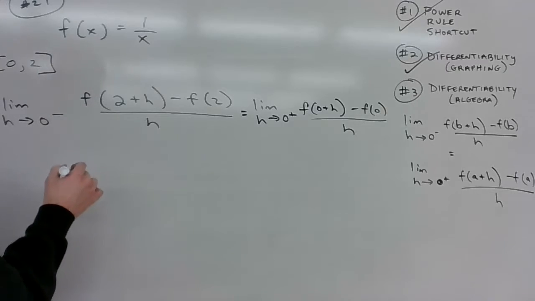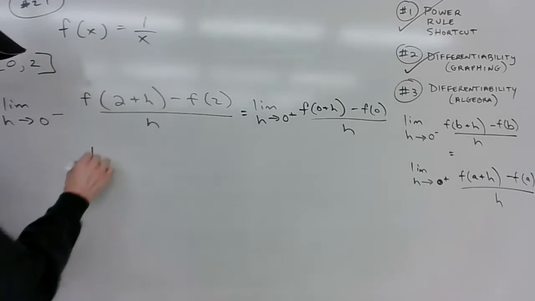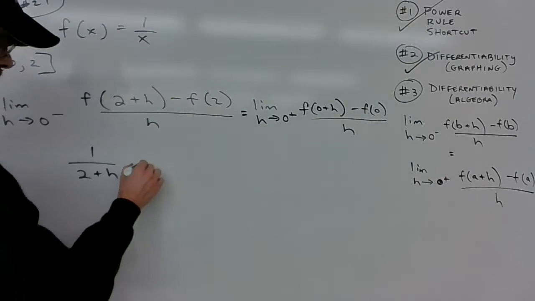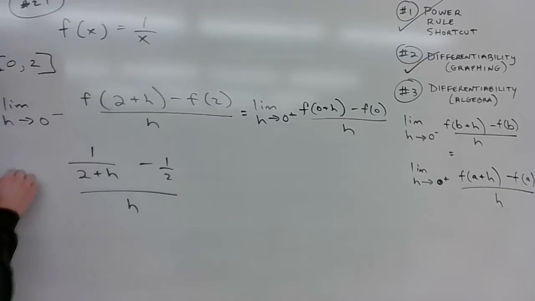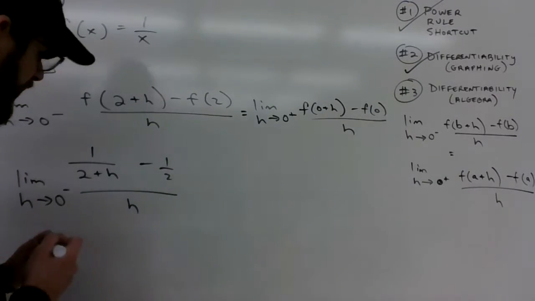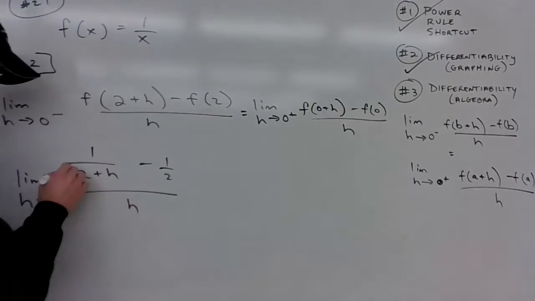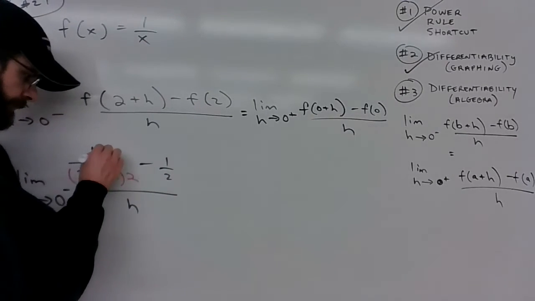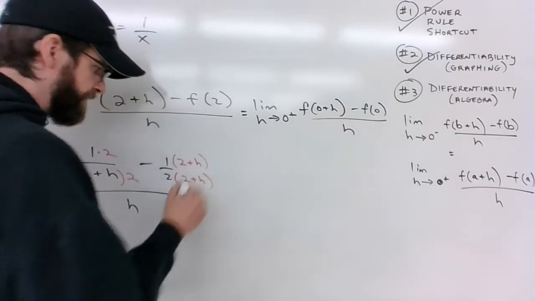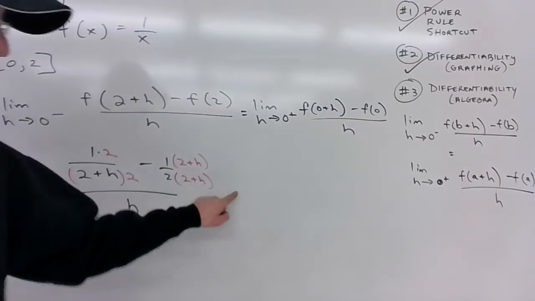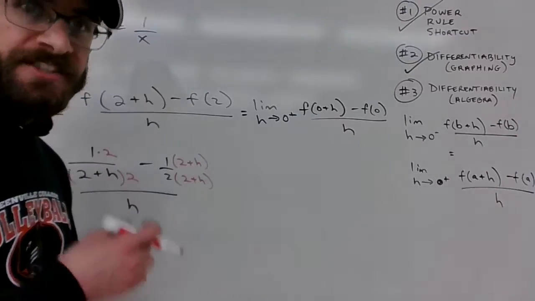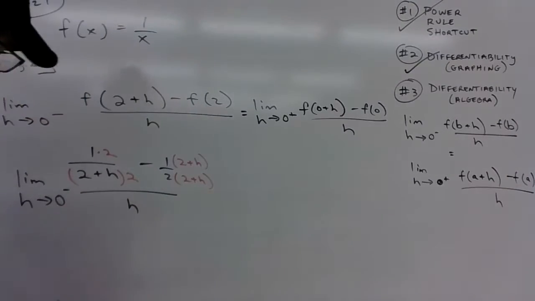So what do we do? Well, we plug in 2 plus h for my x, plug in 2 for the x, divide by h. So I can do two things at once. I can find a common denominator between these two values. So I'm just going to make it a 2 and make this a 2 plus h. And at the same time, instead of dividing by h, I'm going to multiply by 1 over h.